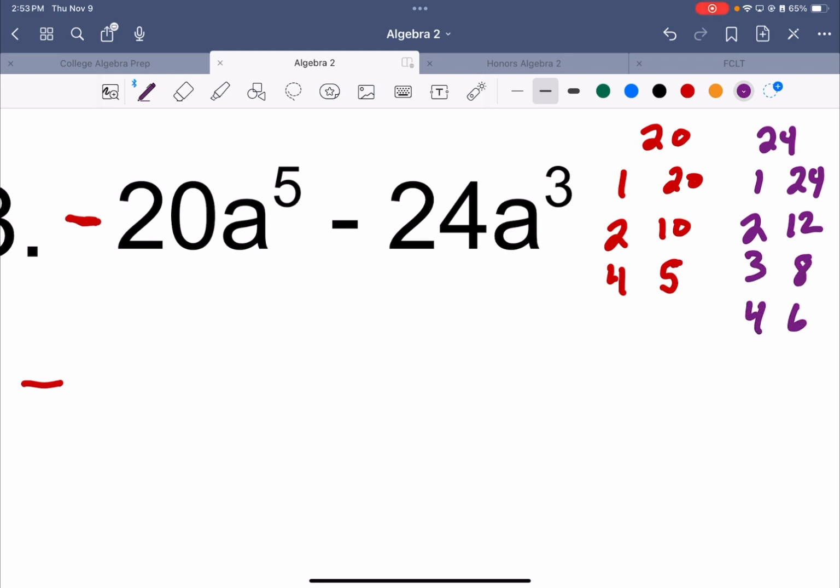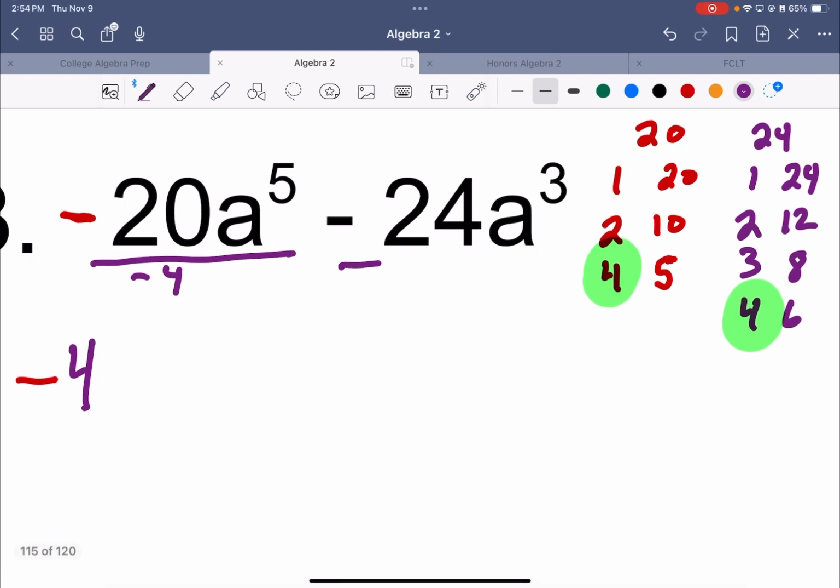Everybody understands where I'm getting those numbers, right? 1 times 24 is 24. 2 times 12 is 24. I'm just listing them all. Now I look for the biggest one that they have in common. Biggest one they have in common is 4. So that means I'm going to take a negative 4 out. So I'm going to divide this by negative 4. I'm going to divide this by negative 4.